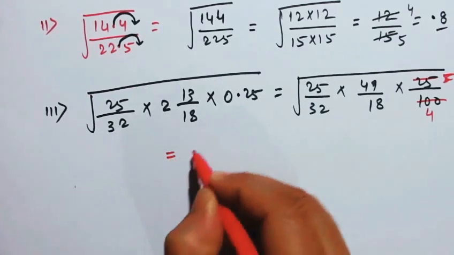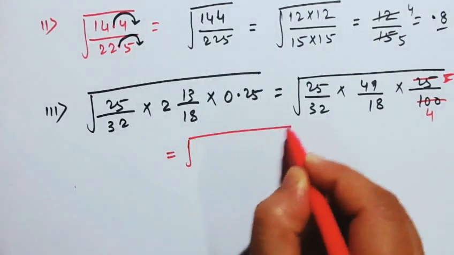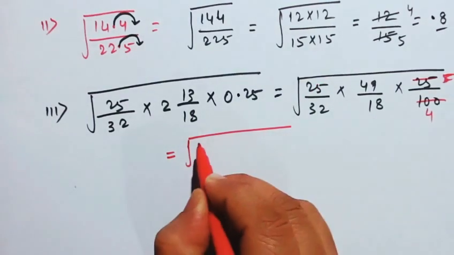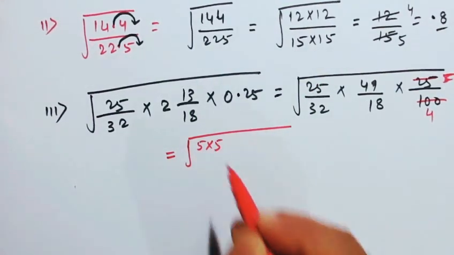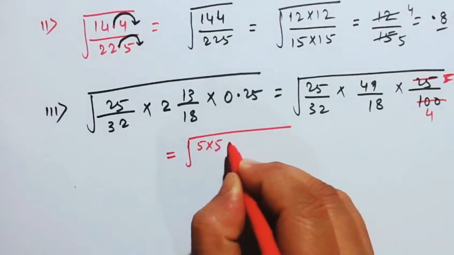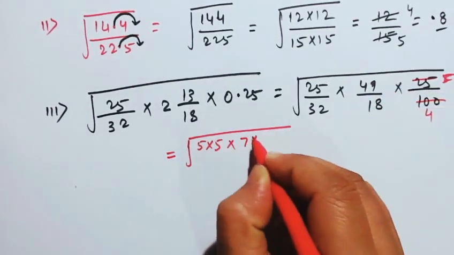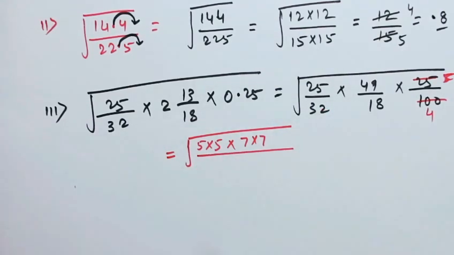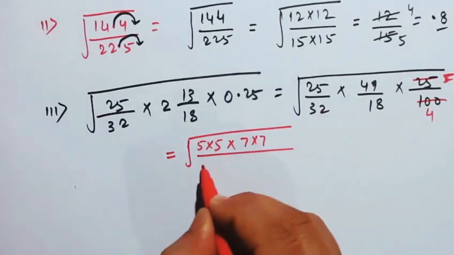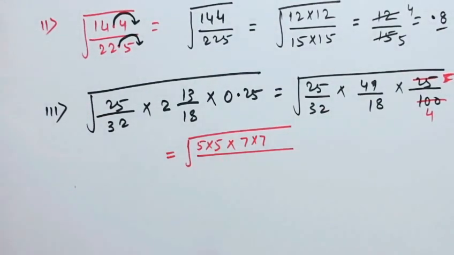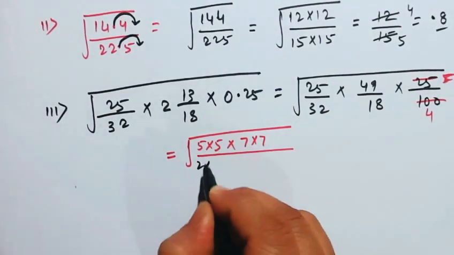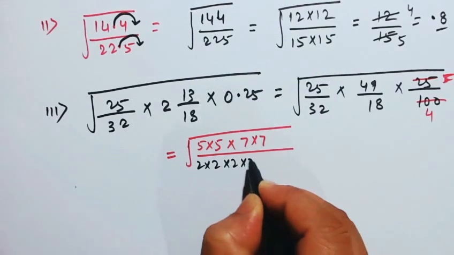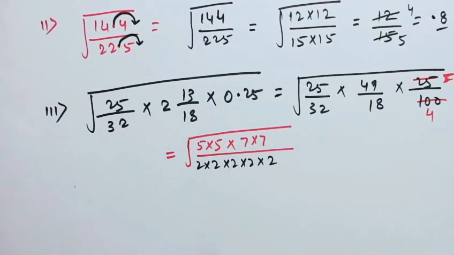Any more numbers which this can cancel? Okay, leave it. This 25 can be written as 5 times 5. Clear? And here 7 times 7. Nothing remains on the top. 32 can be written as 2 2s are 4, 2s are 8, 2s are 16, 2s are 32.